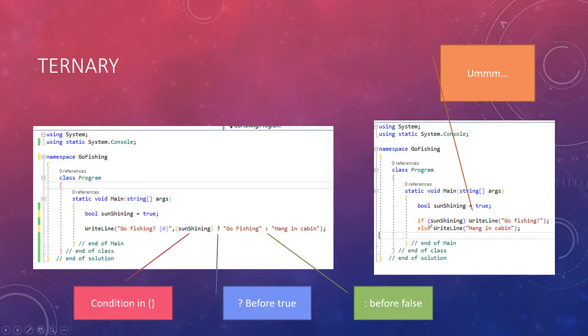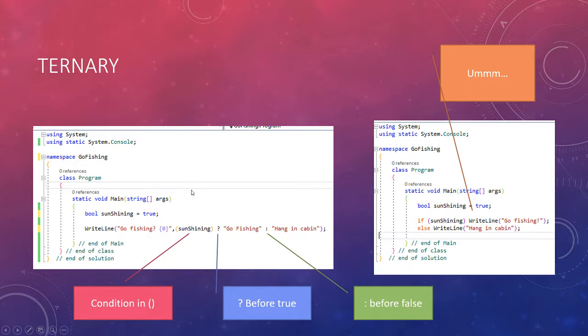So we don't need anything more to our conditional than its Boolean. So if the sun is shining, we're going to write the line, go fishing. Otherwise, we're going to write the line, hang in cabin. Yeah, I don't like that kind of code, but it works. It's effective. It's very short. It's compact. So we can see what's happening there pretty easily. We might actually be able to see what's happening there easier than with the ternary operator.